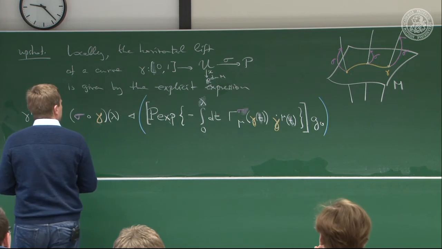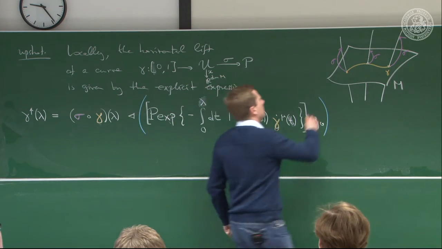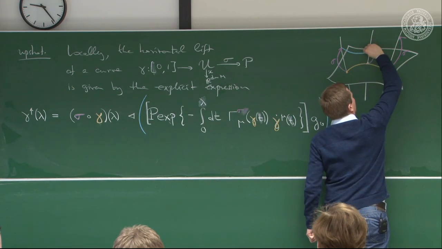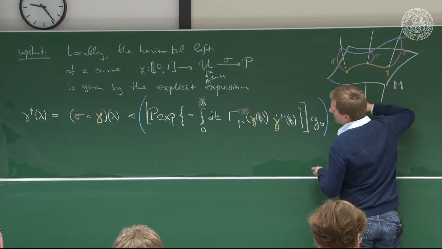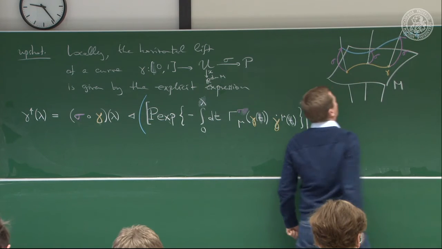Then we get this arbitrary curve here. So maybe I show this one in blue. So this is the arbitrary curve sigma after gamma.